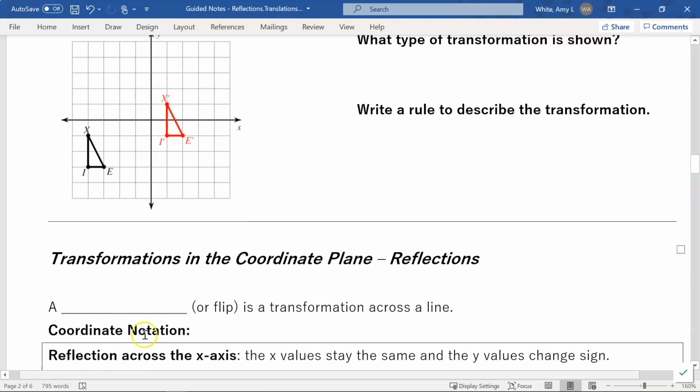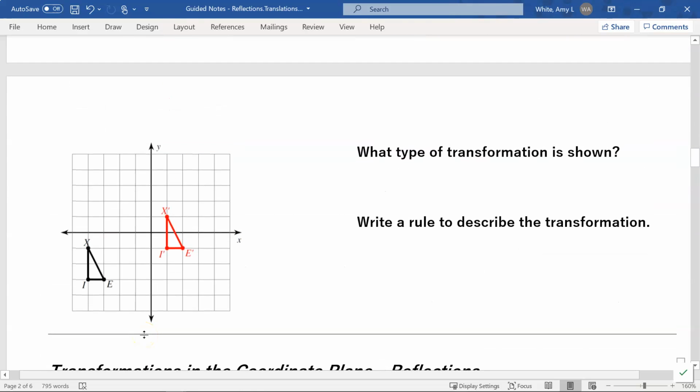Let's do one more example with translations. In this case, they give us the translation. Now, which one of these is going to be the pre-image? Where are we starting? In this case, the pre-image is going to be the black triangle, and the image is the red triangle.